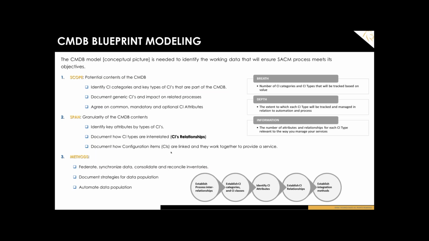And once we identify on paper the scope and span, obviously we need to determine how we are going to build that CMDB. The whole idea here, if we take a look at this slide, number 3, which is the method, how are we going to federate, synchronize, or bring the data in, is third, it's not first.